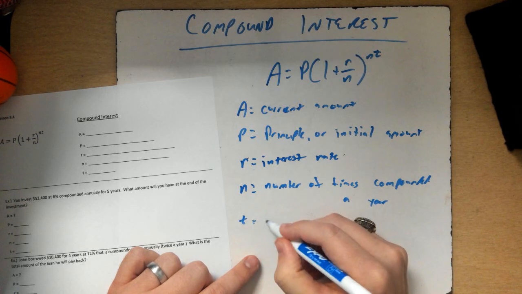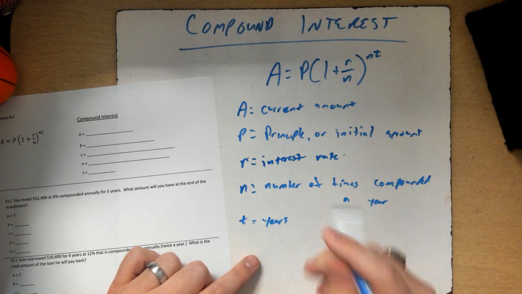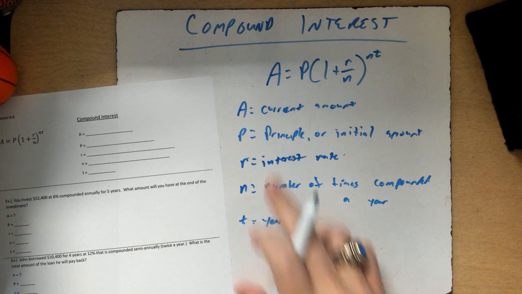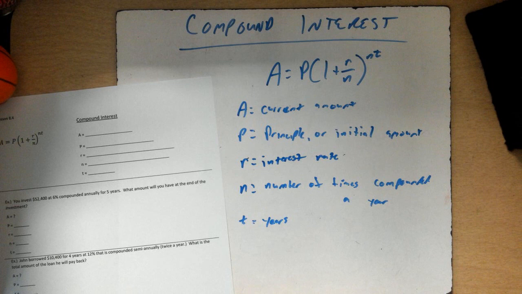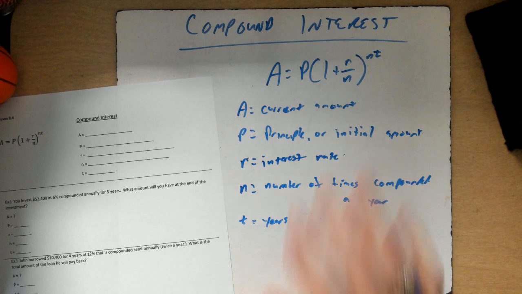And then T is our years, right? Time, okay? So that's kind of what all these things mean right here, okay? So make sure you write that down in the paper I give you, if you have that paper, of course. So that's what all that means. And so it looks like a complicated formula. It's not really, you just have to know what goes where and everything. And I got some problems that we'll go over and kind of talk about all that, all right?